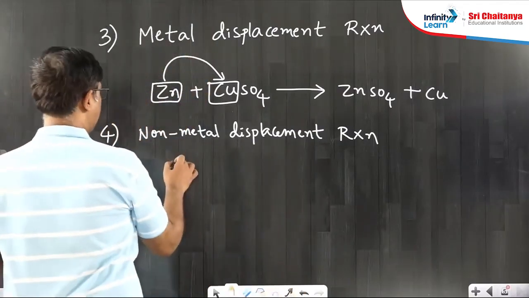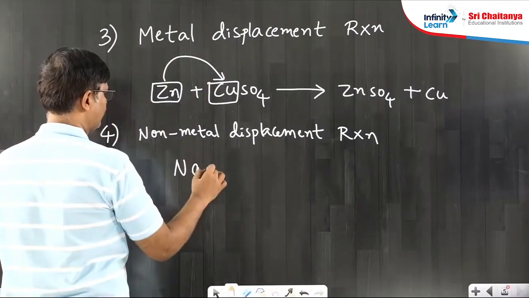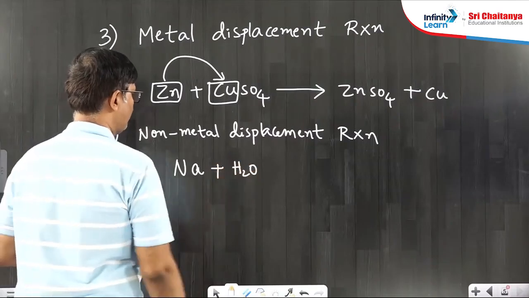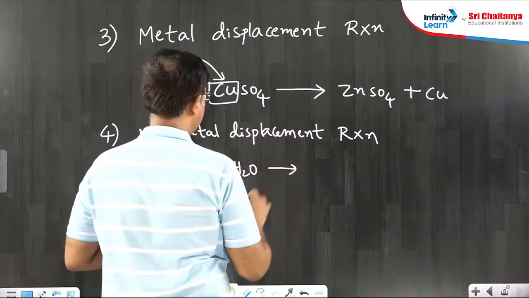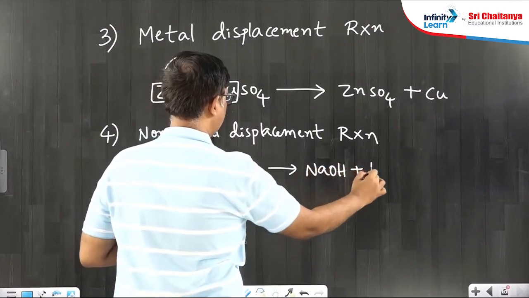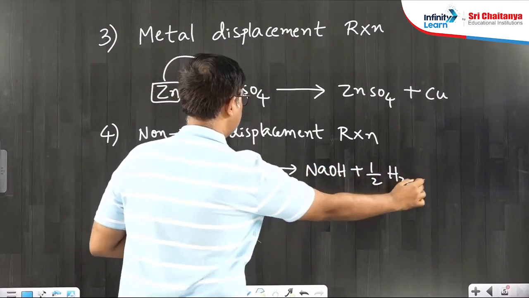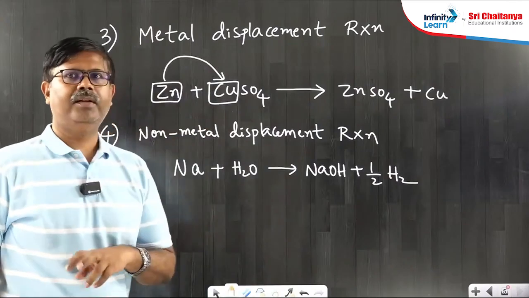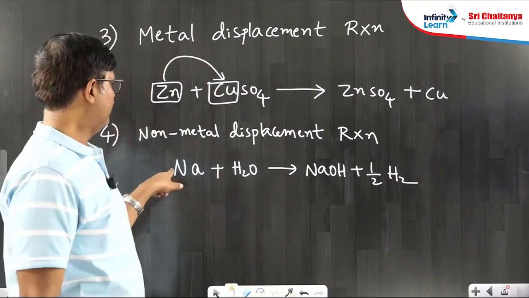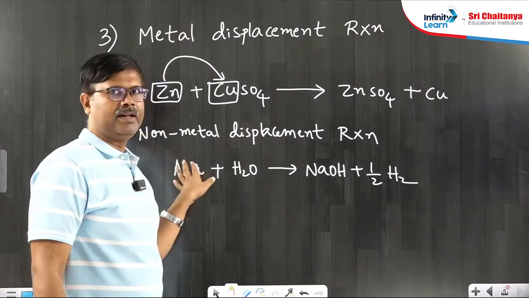Now see, suppose Na plus H2O gives NaOH plus half H2. Now see, in this reaction, this is a metal, fine.